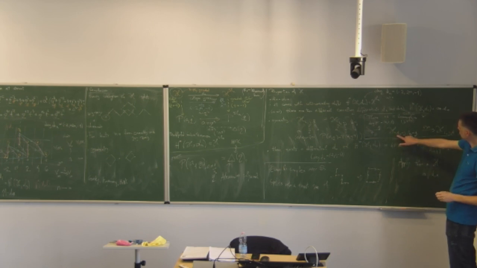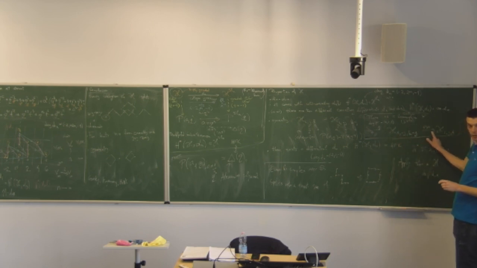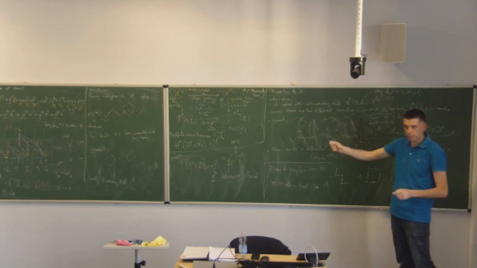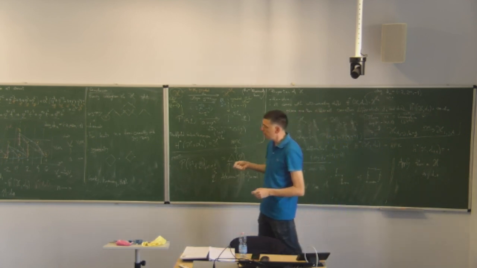So it's not just that these two guys are isomorphic, so there is this symmetry that we want, but we can get it in j steps.